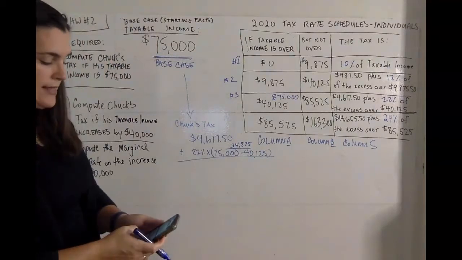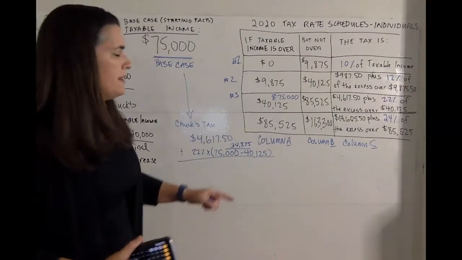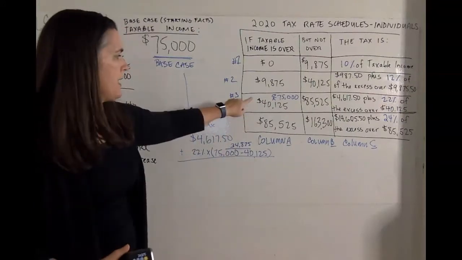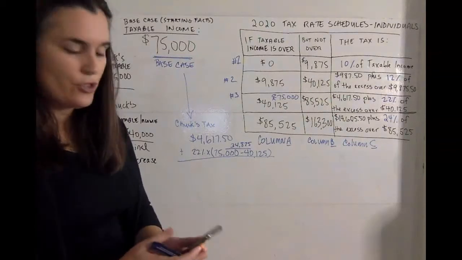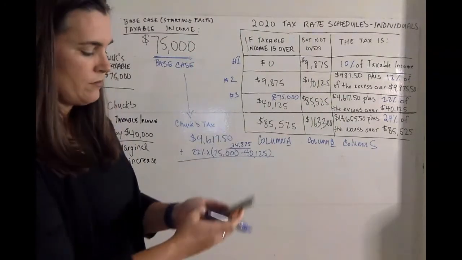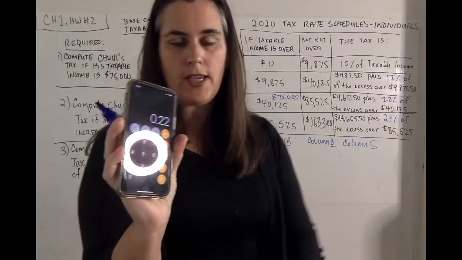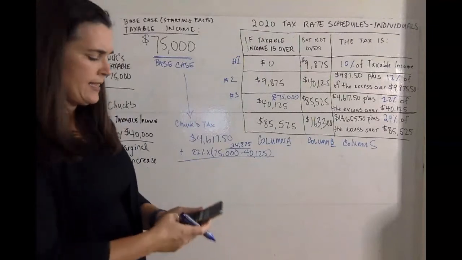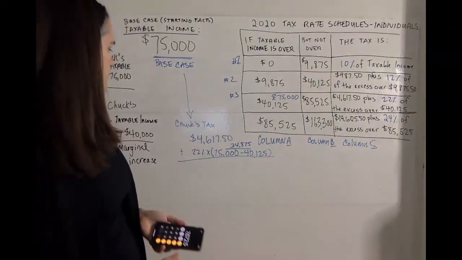Now I need to multiply that. And by the way, that is the slice of income that he's got to apply 22% to. Okay? So let me take 34,875 times 0.22. You could do 22 and then a percentage, or you can do 0.22. And that gives me $7,672.50.